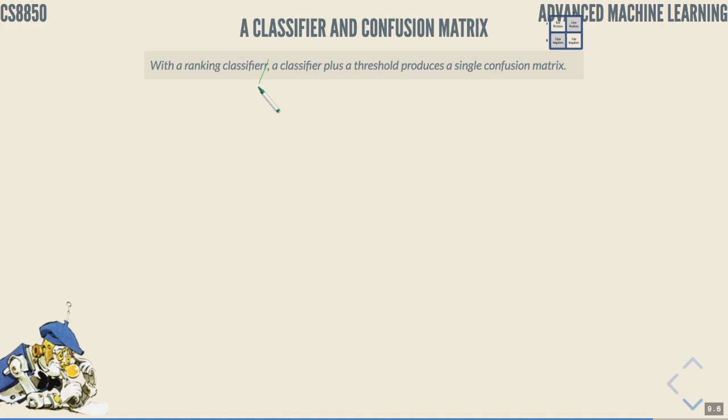And if we're training a neural network and using softmax, we're also getting a score from 0 to 1. But don't confuse it with the model assigning a probability to the sample. It is a confidence score. It's still a score, or confidence value sometimes. So with the ranking classifier, a classifier plus a threshold produces a single confusion matrix.